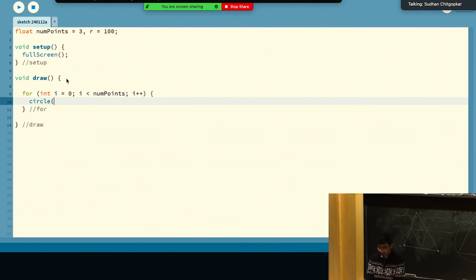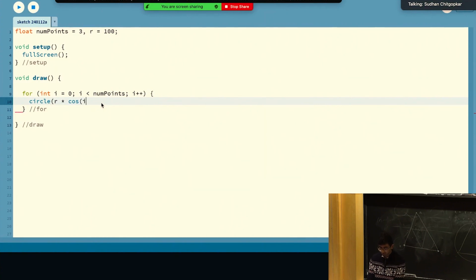And we can do that just by drawing a circle in that location. Remember, x is going to be r times cosine of the angle. And we know that the angle goes between 0 and 2 pi, so we want to have num points equidistant, like linearly interpolated, between 0 and 2 pi.